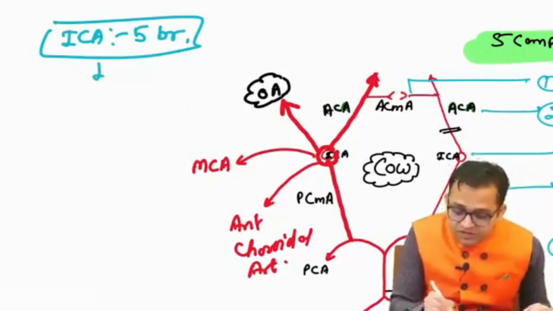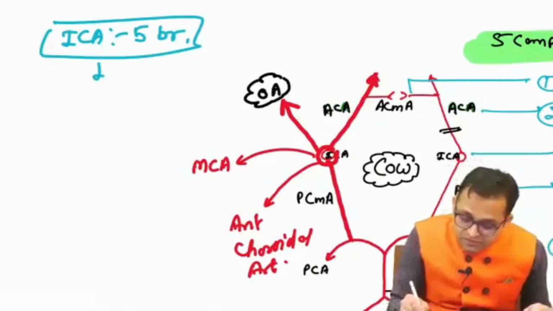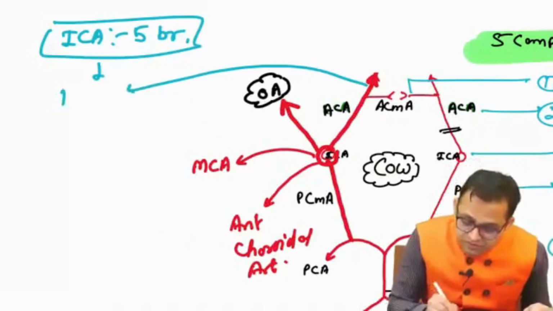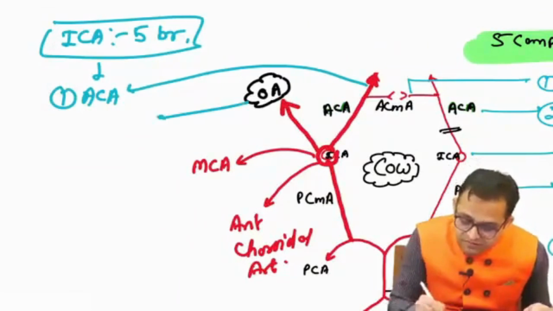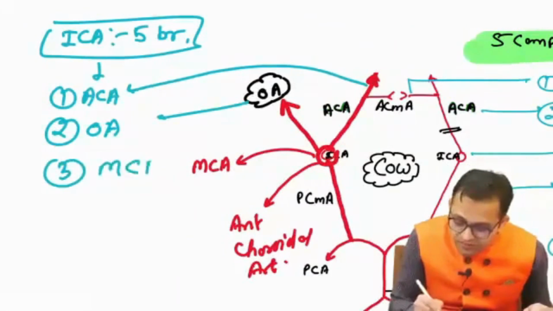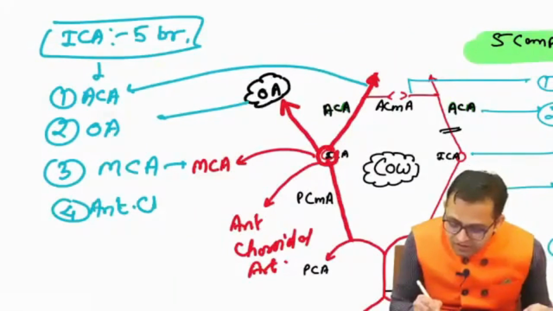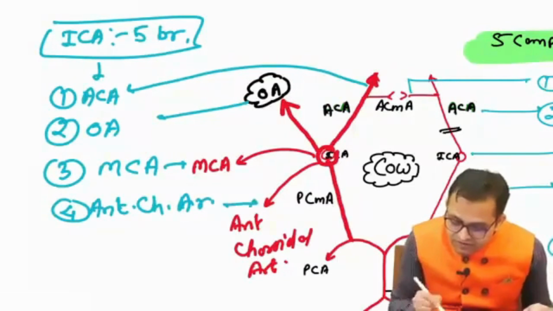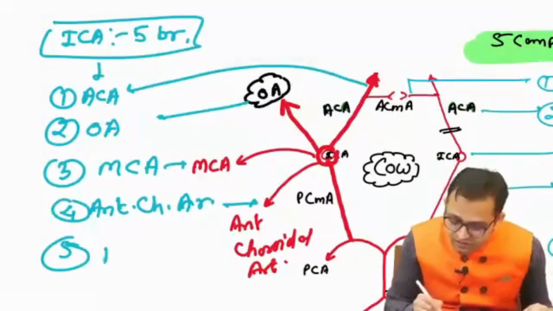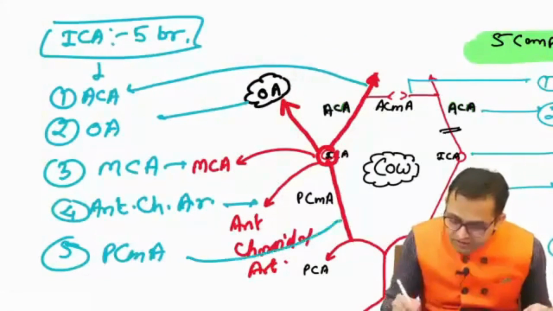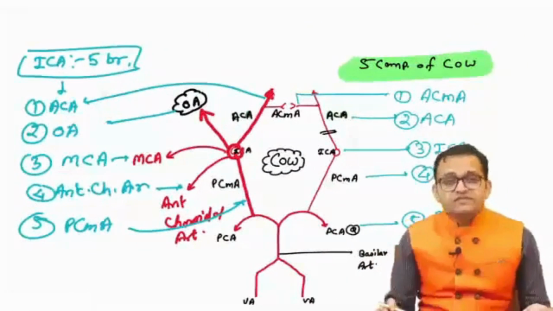What are the 5 branches? First, akka. Second, ophthalmic artery. Third, makka. Fourth, anterior choroidal artery. And the fifth is our posterior communicating artery. So magic of 5 is there. Agree?